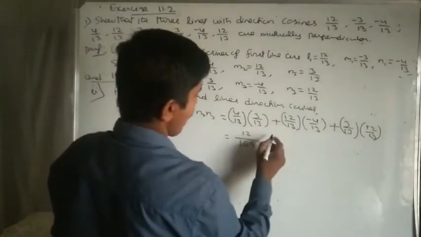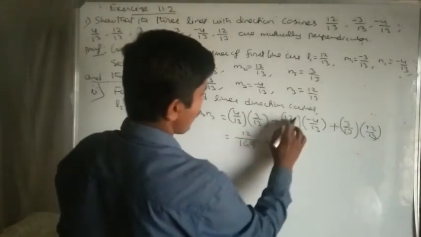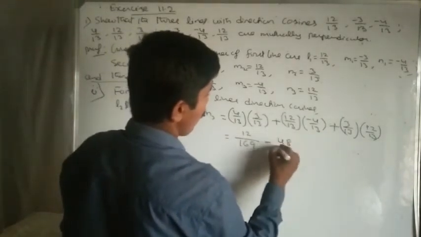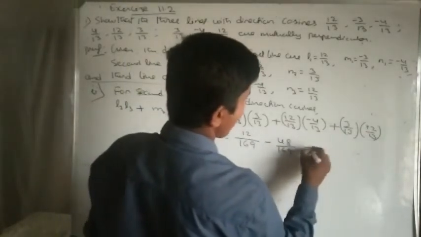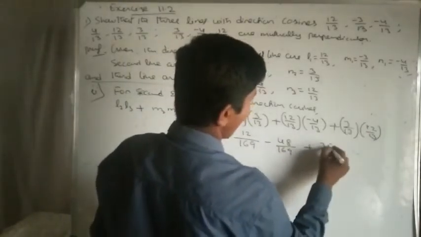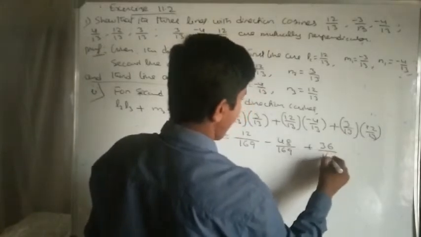Next, plus into minus is minus, 12 into 4, 48 divided by 13 into 13, 169. Here plus 3 into 12, 36 divided by 13 into 13, 169.